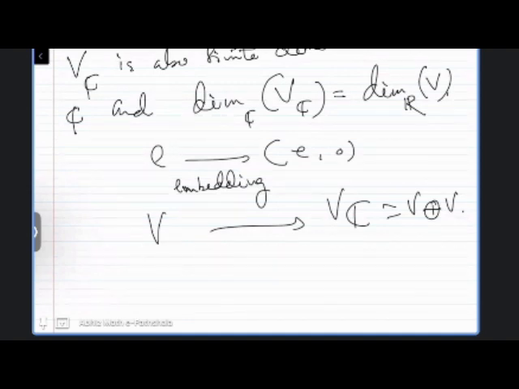Why is it so? Because of this embedding, you can transfer any real basis of V to a complex basis, BR goes to BC, which is nothing but the vectors of that basis will be of this form, ordered pair (E, 0), where E is in the real basis. Right?